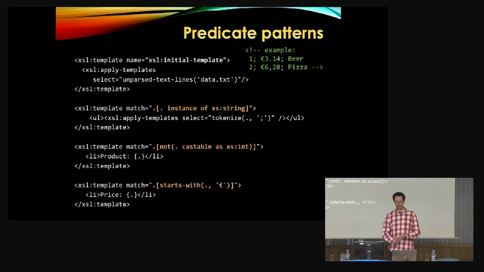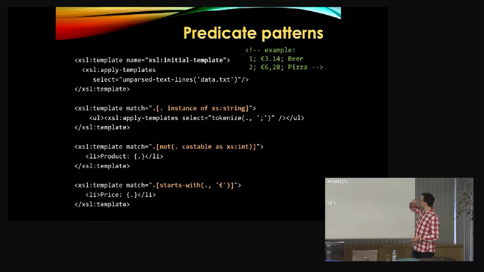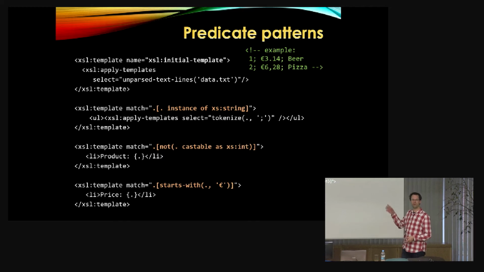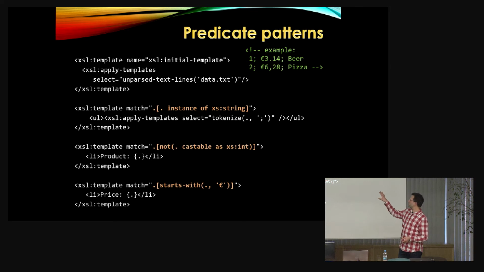Let's zoom in on those predicate patterns a little bit more. This is a bunch of templates. The first one is the initial template. It's also a 3.0 feature. It means that's where we start. It applies templates on the lines of data.txt, and it goes over all these lines.